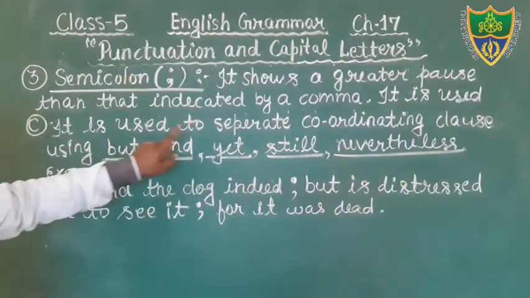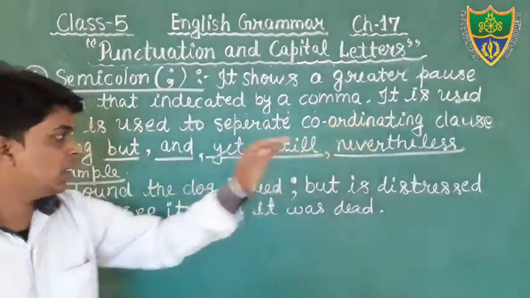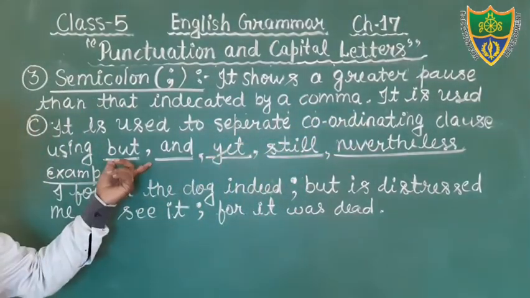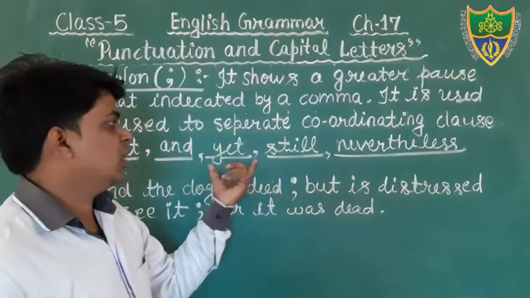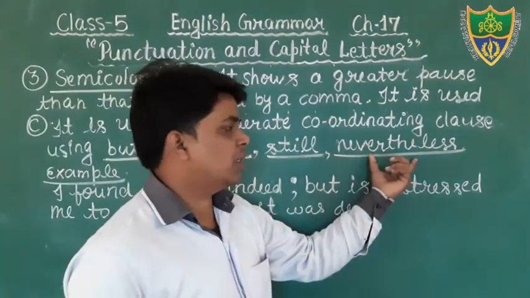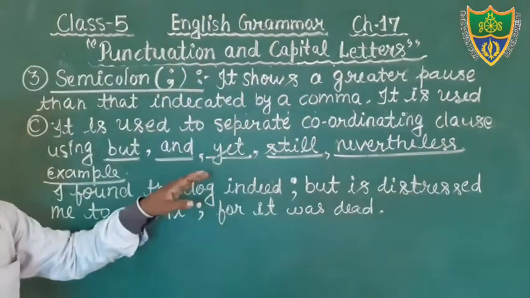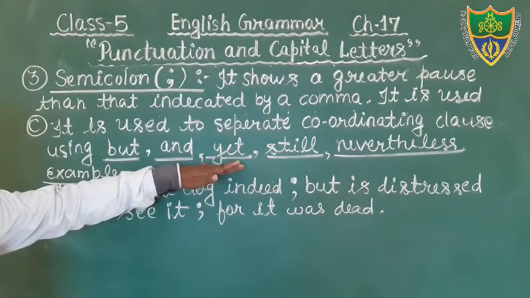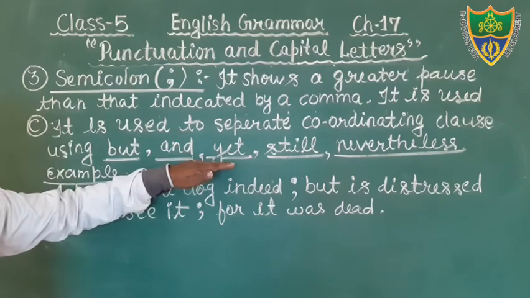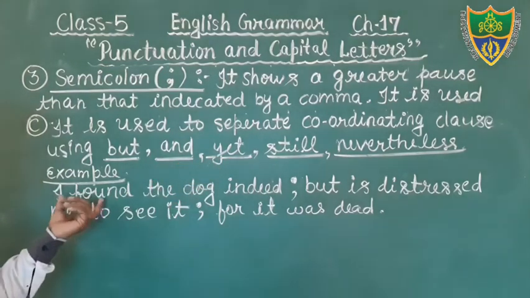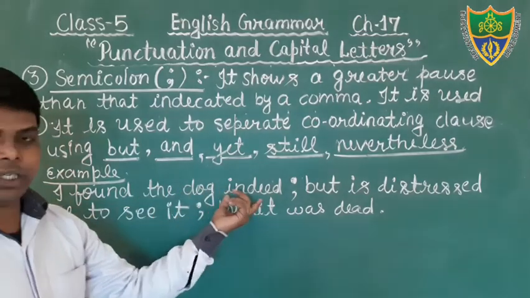Just see, it is used to separate coordinating clauses using but, yet, still, nevertheless. We will also use a semicolon with these coordinating conjunctions. You all know what this is: coordinating conjunction.